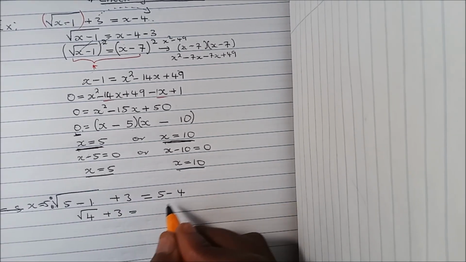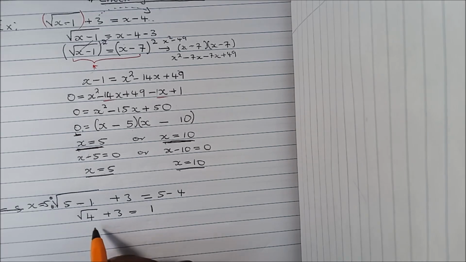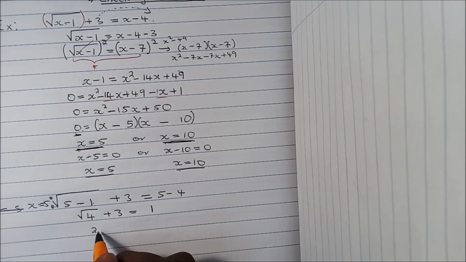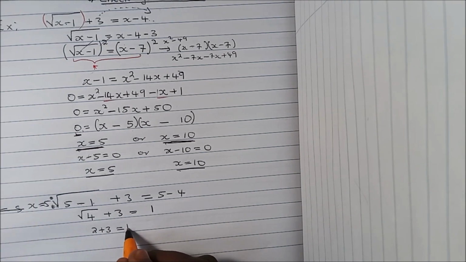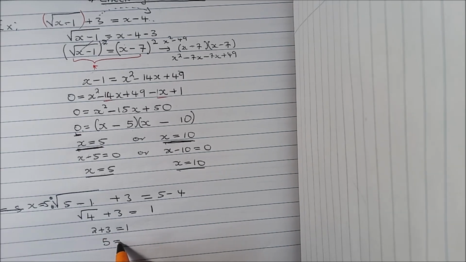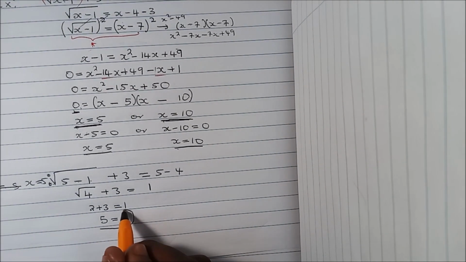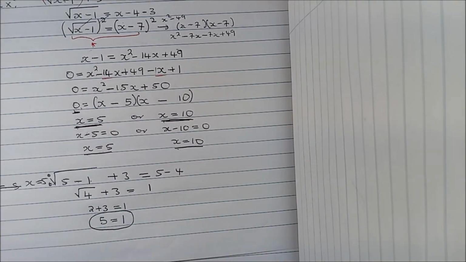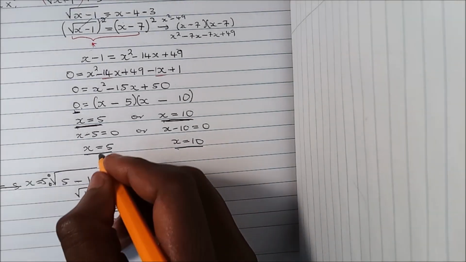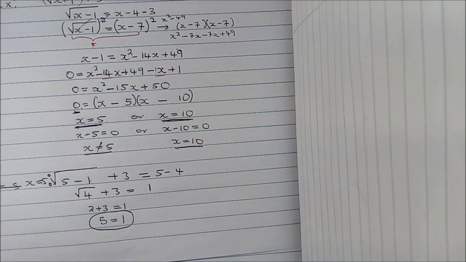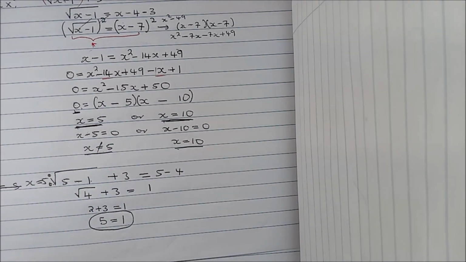What's 5 minus 1? That's 1. So square root of 4 is 2 plus 3 equal 1. So 5 equal 1. So now, what do you notice about right hand side and left hand side? They are not equal. So that means x is not equal to 5. The conclusion is very important.